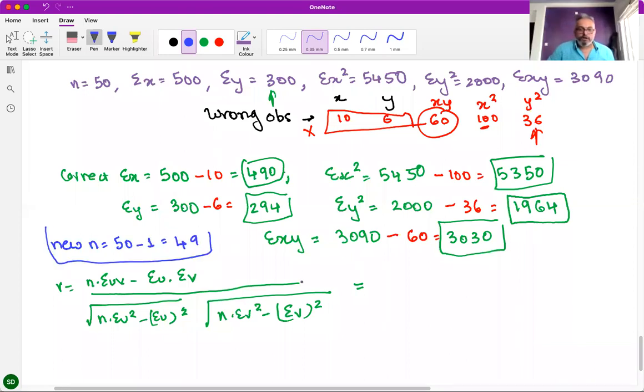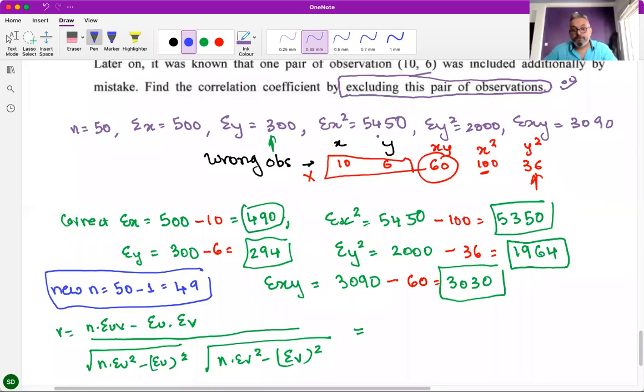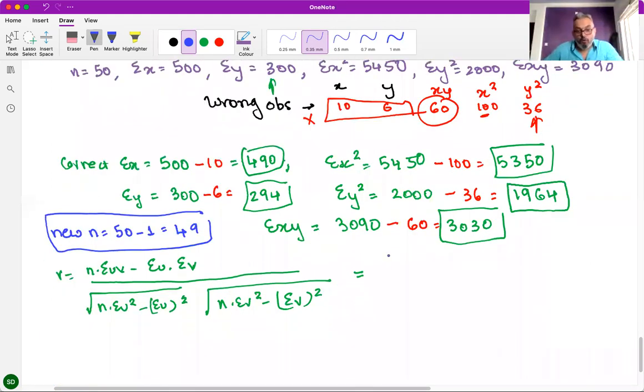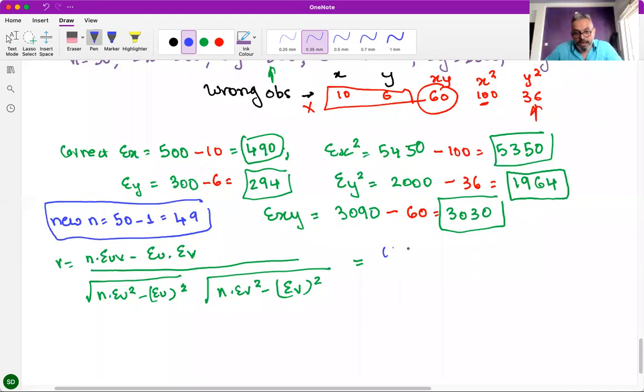This is important. If you take n is equal to 50, whole sum will go wrong because it is written exclude, निकाल दो is pair of observation को. So over here 49 into sigma, oh, I'm sorry, we need to change the formula. Here it is xy.